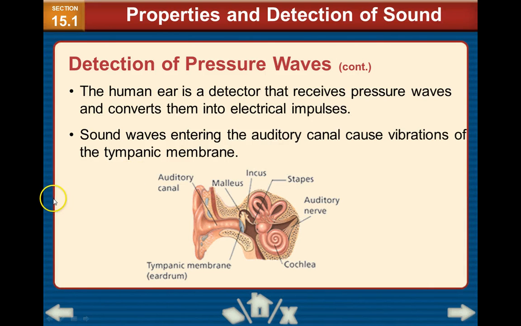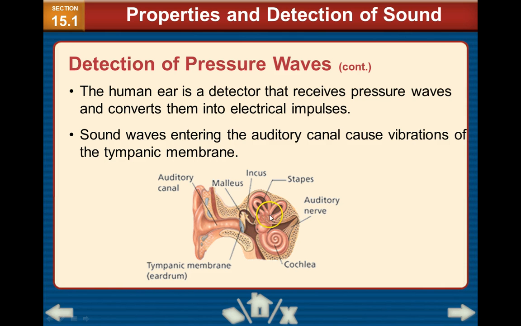So the sound wave enters the auditory canal. Basically, the outer ear is just kind of a trumpet to guide it in, but the hearing all takes place inside. Here you have the tympanic membrane, or the eardrum, and it goes through the hammer, anvil, and stirrup, or malleus, incus, and stapes. It vibrates.